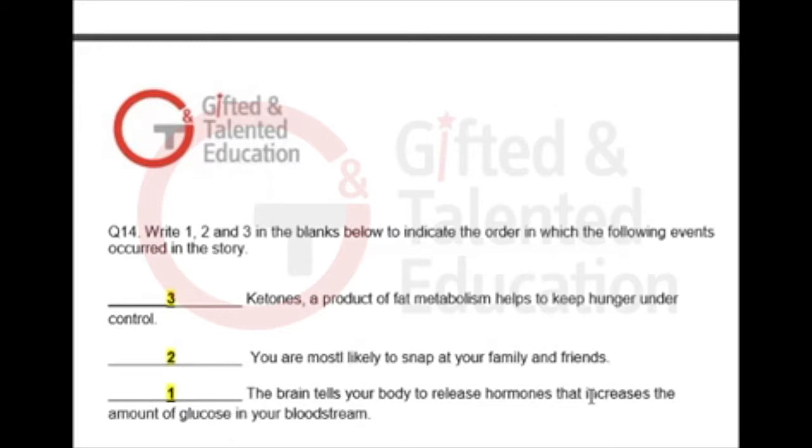Question 14. Let's take a look at the order of events as occurred and described in the story. The first thing that happens when you're hungry, your brain can detect the low levels of glucose in your bloodstream.